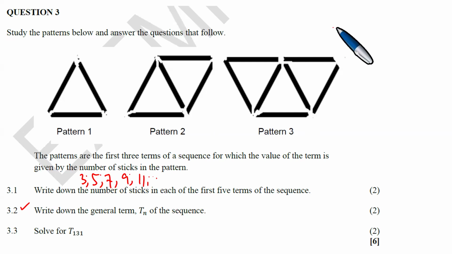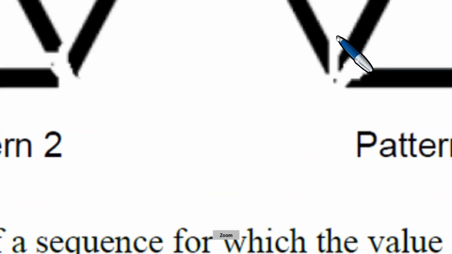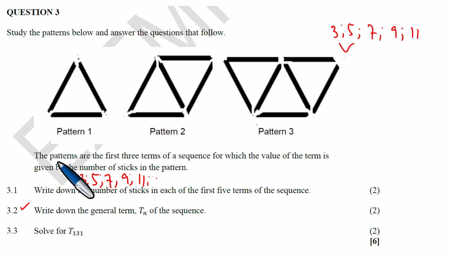If you have 3, 5, 7, 9, 11, what is the general term of this sequence?